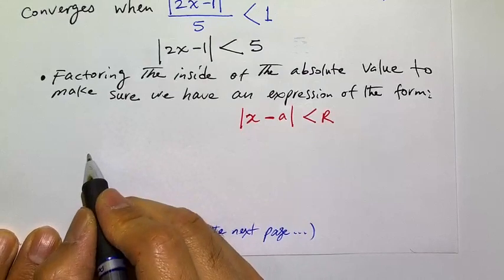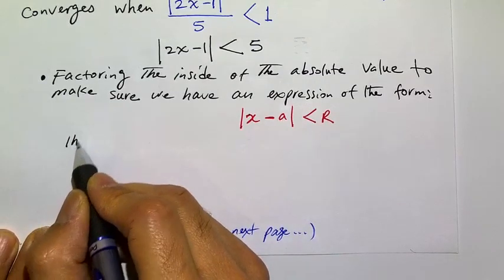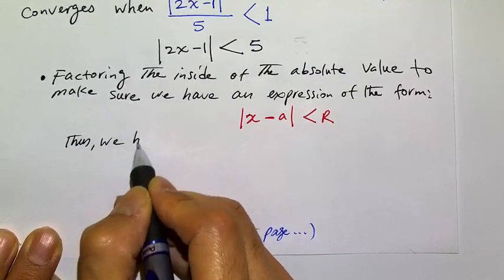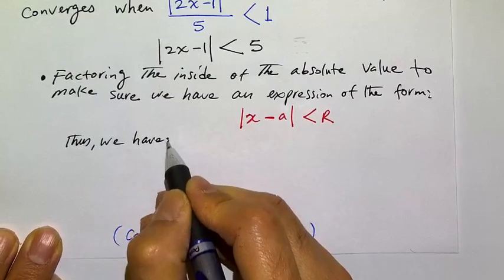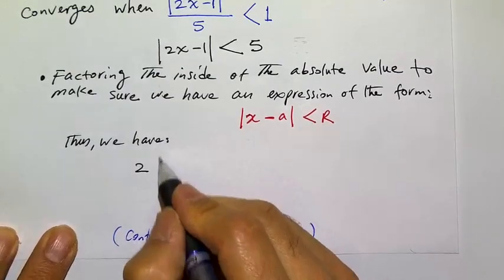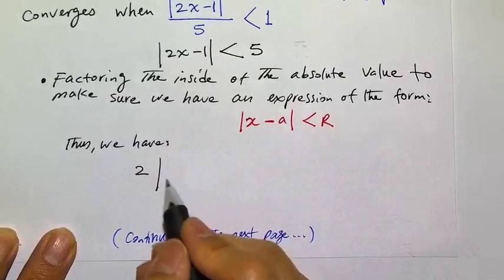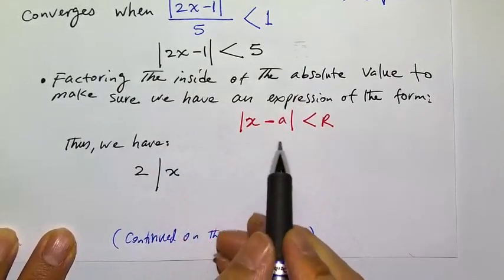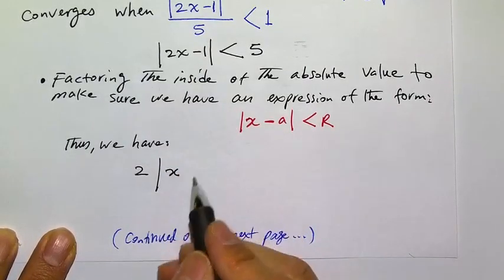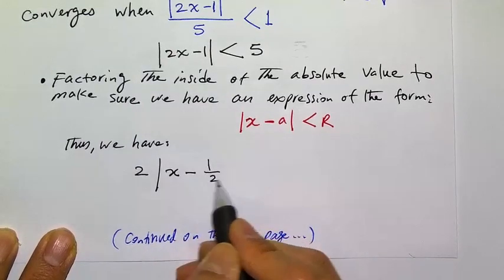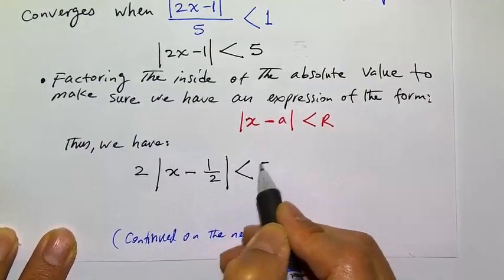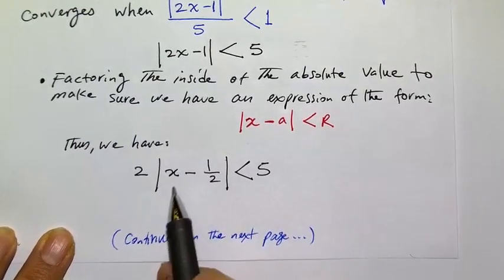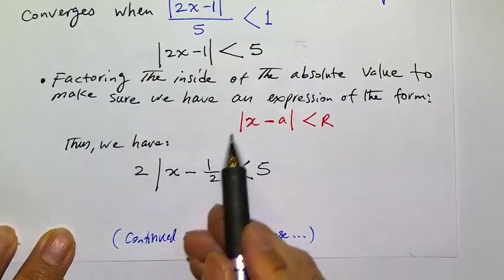So we have 2 times the absolute value of x minus 1/2 less than 5. Now we have an x that has a positive 1 coefficient.